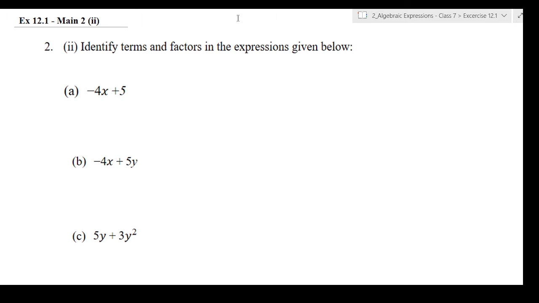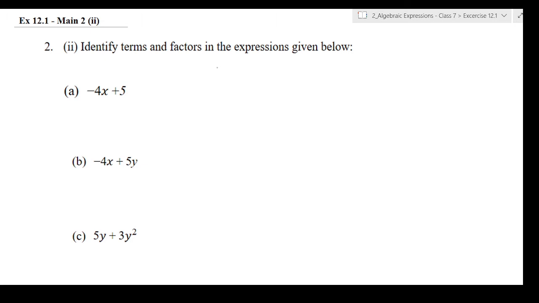Moving ahead to the next set of problems. What have they asked us to do here? They have asked us to identify the terms and factors in the expressions given below. What I'll do over here is, we're supposed to find out the terms and factors, right?